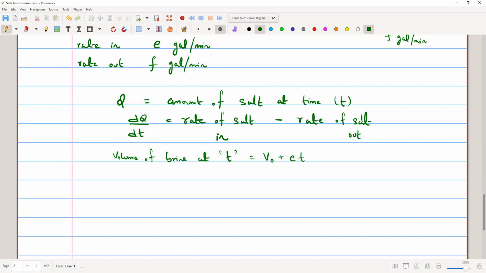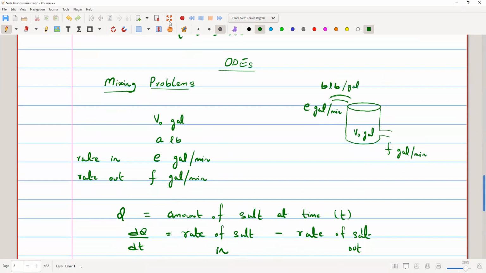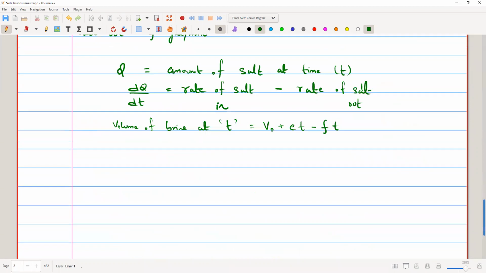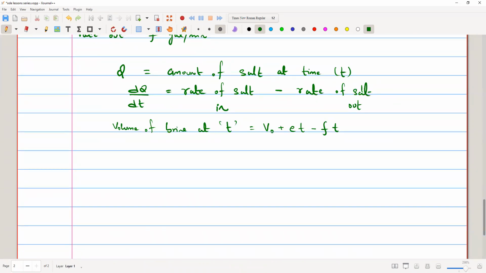Then some volume is removed, so we subtract the exiting volume, that will be F times t, because F is the flow rate with which the solution is coming out. So this is the volume of brine at any time t in the tank.